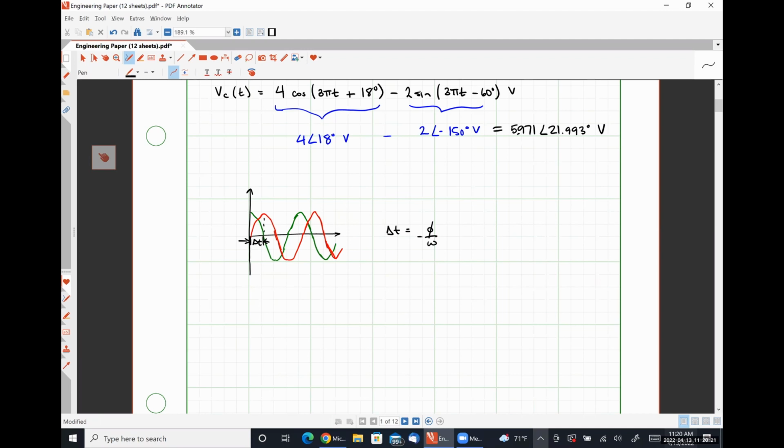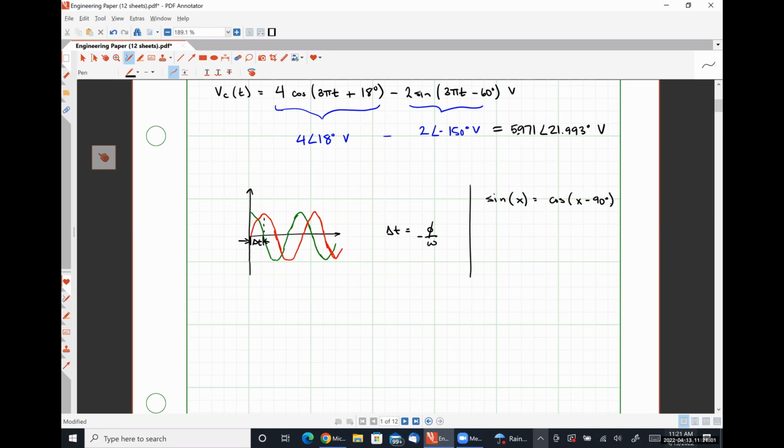For a cosine function and a sine function at the same frequency, that shift is going to be exactly pi over 2, or 90 degrees. And the negative sign comes from the fact that we are shifting to the right. So to convert, I'm going to write this down: sine of x, where x is an arbitrary angle that may include a phase angle, is the same as cosine of x minus 90 degrees.